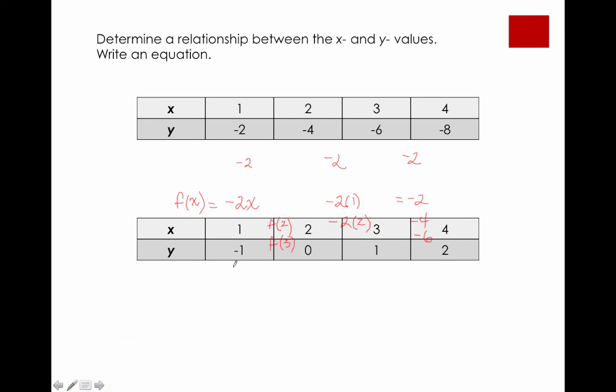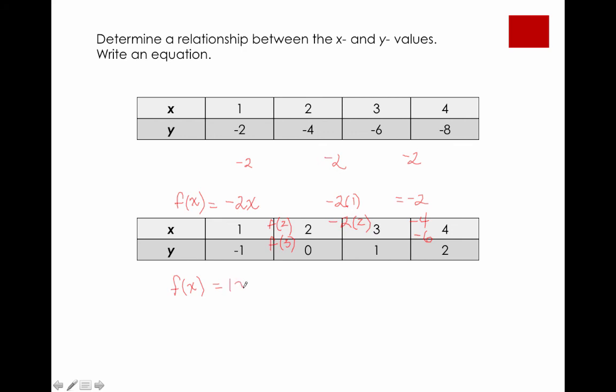Okay, so notice what happens when I change my value of X. What is happening to my Y? Well, if I put in a 1, I get out a negative 1. If I increase that 1, I get out a 0. So I have increased my output value by 1 every time I increase my input value by 1.